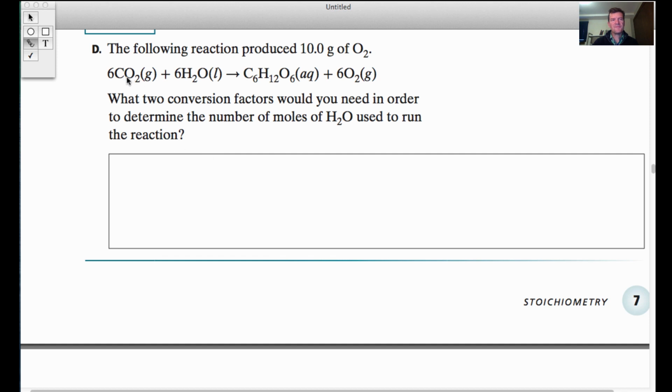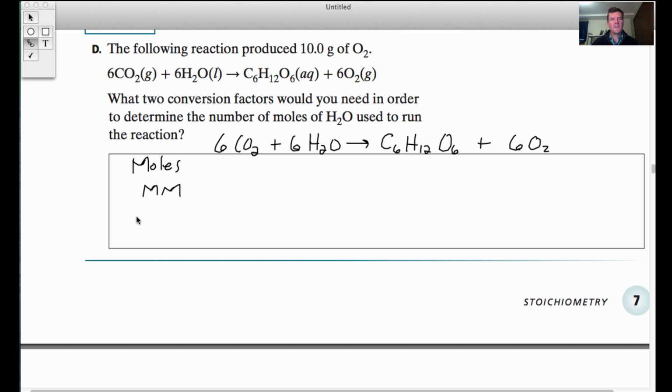So we have here, let me rewrite this whole thing for us. All right, and I need moles, molar mass, and mass.